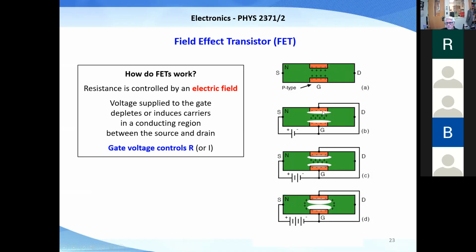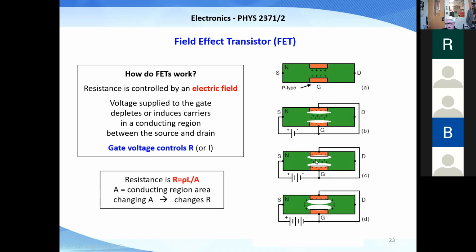Now, suppose you apply a voltage such that it increases the depletion regions. So all of a sudden, you have a wide current path in this one, and a smaller current path in this one.